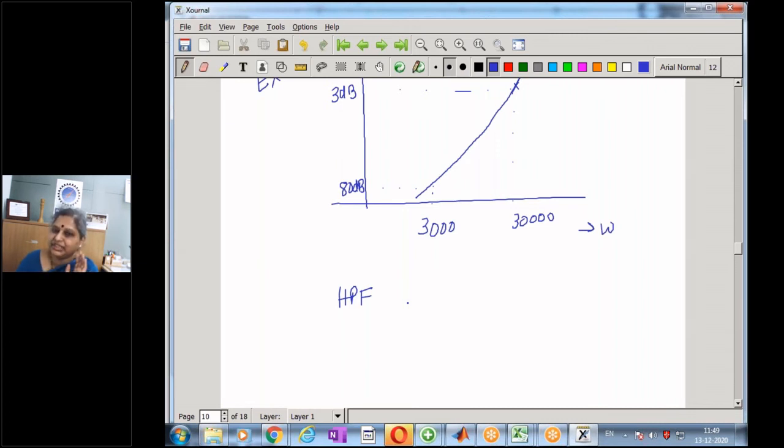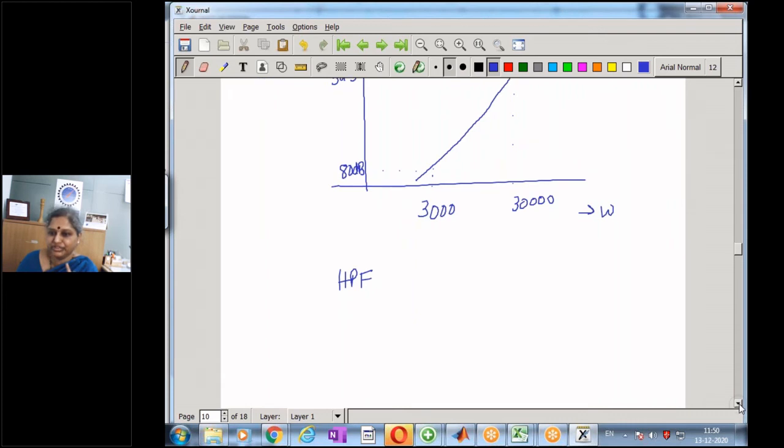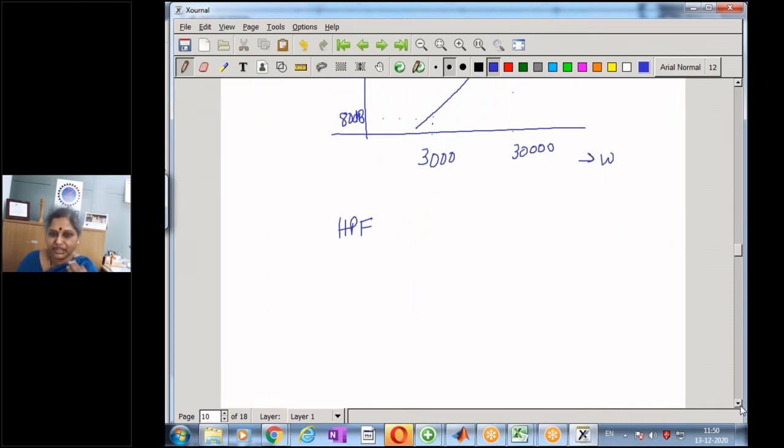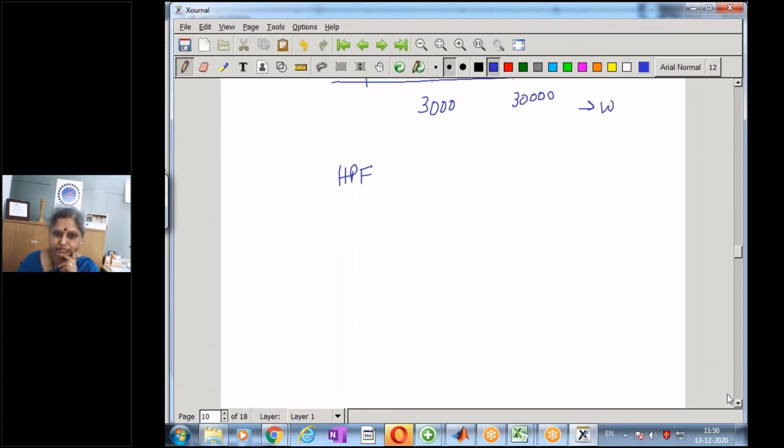We know only to design the low pass filter, and hence what we will do, even though we are given specifications of the high pass filter, I will convert it to equivalent specifications of a low pass filter, and then I will change it to the high pass filter. So let's convert the given specifications to that of a low pass filter.